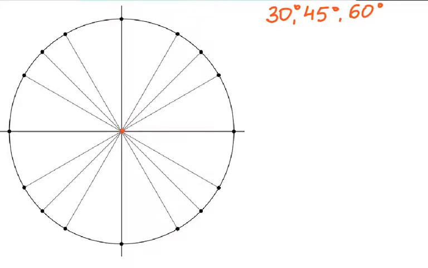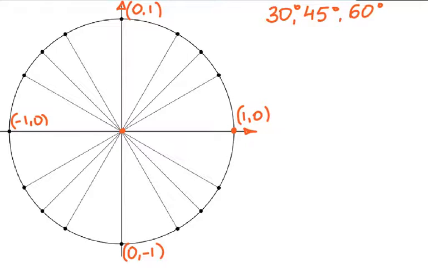So if this is the center, then the points in the coordinate plane, if this is your y and this one is your x, are going to be 1, 0, because the length of the radius is 1. This one is going to be 0, 1. This one is going to be -1, 0. And this is going to be 0, -1.